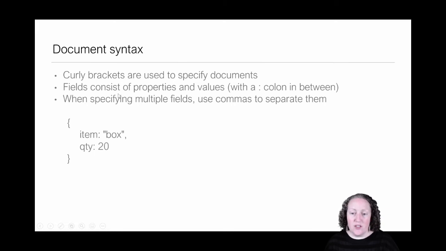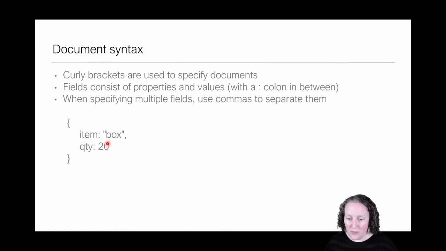Next, to talk a bit about the syntax of a document. As you see here, the document starts and ends with curly brackets, and you can have multiple documents, but each one starts and ends with these curly brackets. Within that, we have property and value pairs.